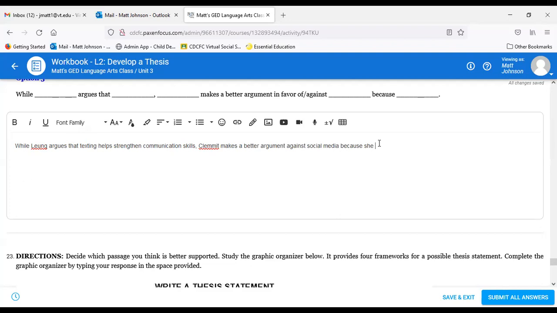So while Liang, this one is really one of my favorite ones, right? Because you address both, but you only have to make the case for one. You don't have to necessarily show why the other one is weaker.